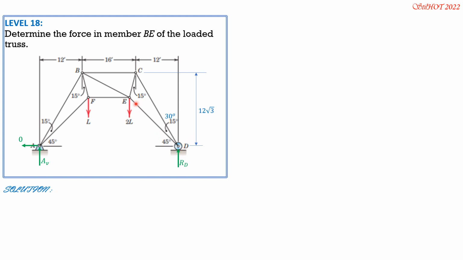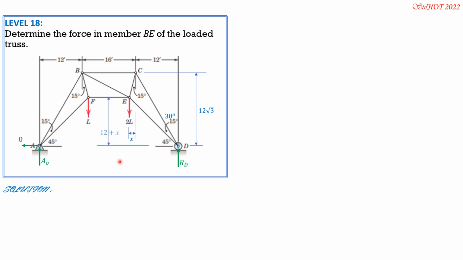Then, because this is 45 degrees, if we call the horizontal distance between E and C as x, that means this is 12 plus x. The vertical distance must also be 12 plus x because the angle is 45 degrees.